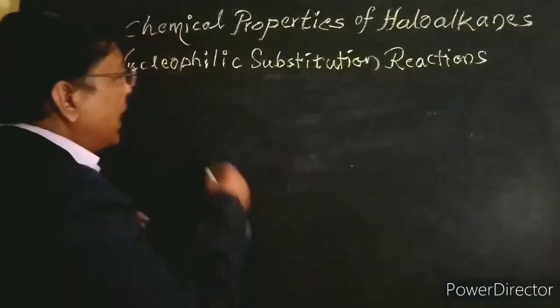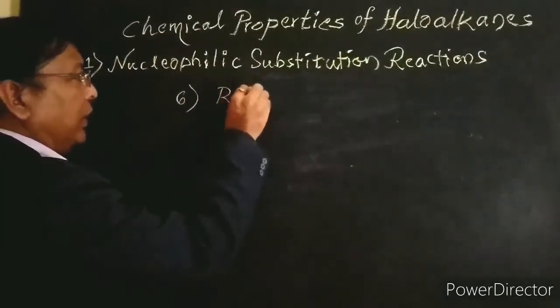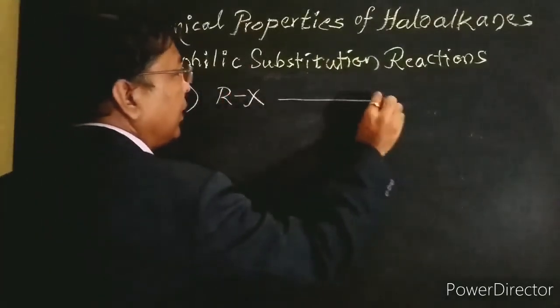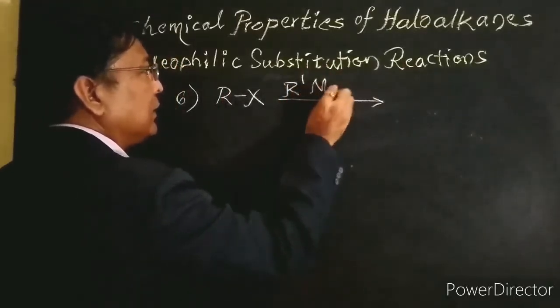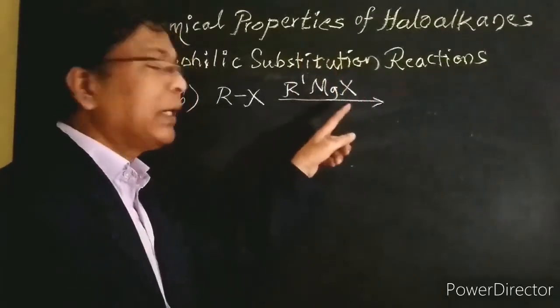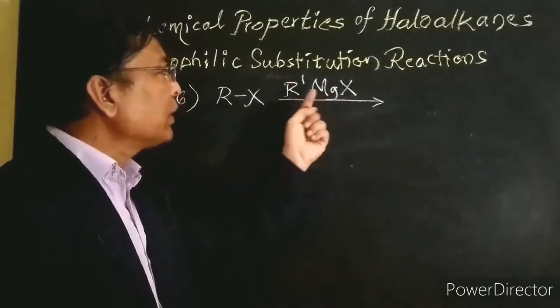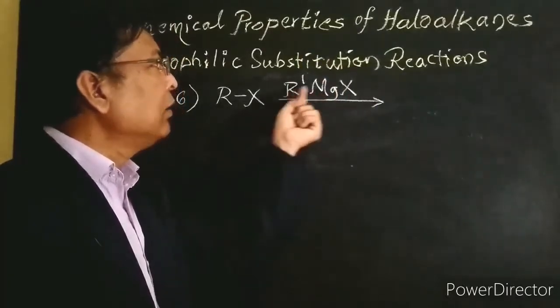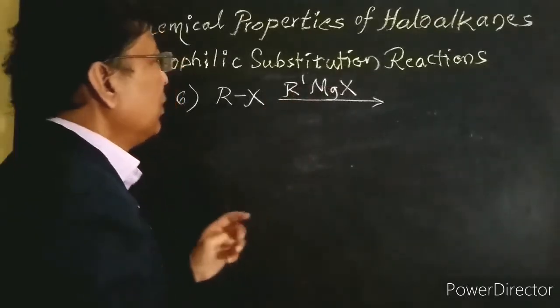Now the next reaction is the reaction of alkyl halide with Grignard reagent. Grignard reagent is nothing but RMgX. This is an organometallic compound. You have to remember, because here metal is also present and this is an organic compound, therefore it is also called an organometallic compound.